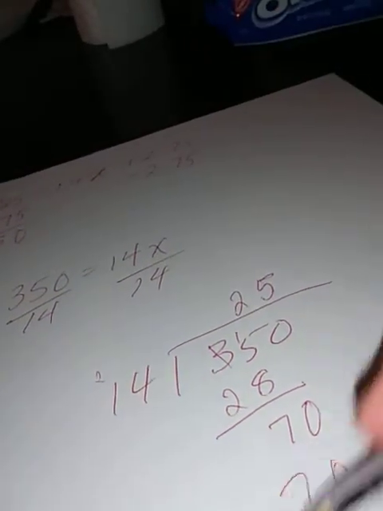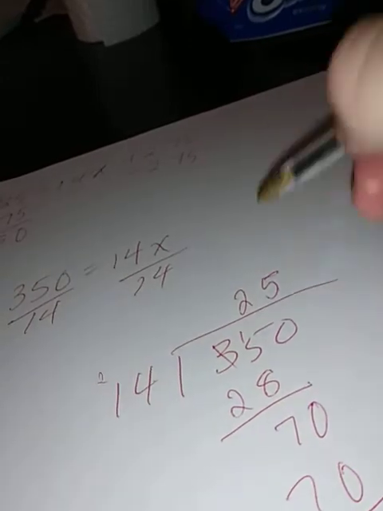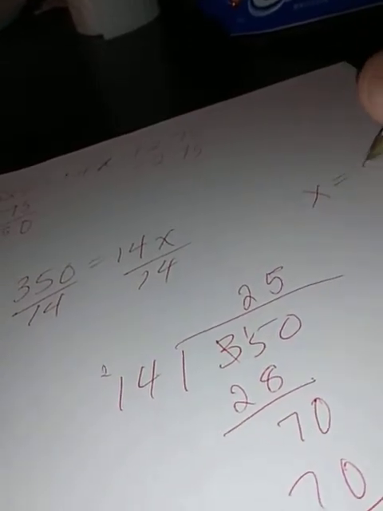Carry the 2. 5 times 1 is 5. Plus the 2 is 70. Okay. So x equals 25.